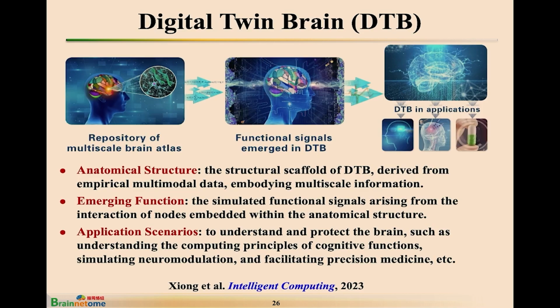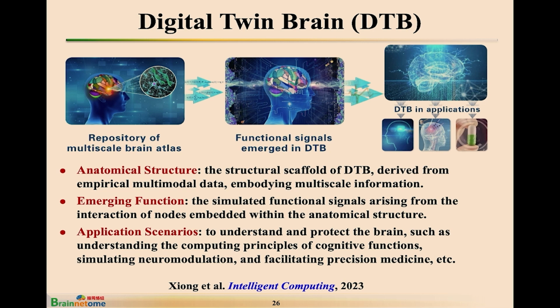So the third one: when I told you, put here, put here, put here, which one is best? To address this kind of issue, we proposed to use the digital twin brain. The digital twin brain includes 3 components. The first one is the twins, the basis.